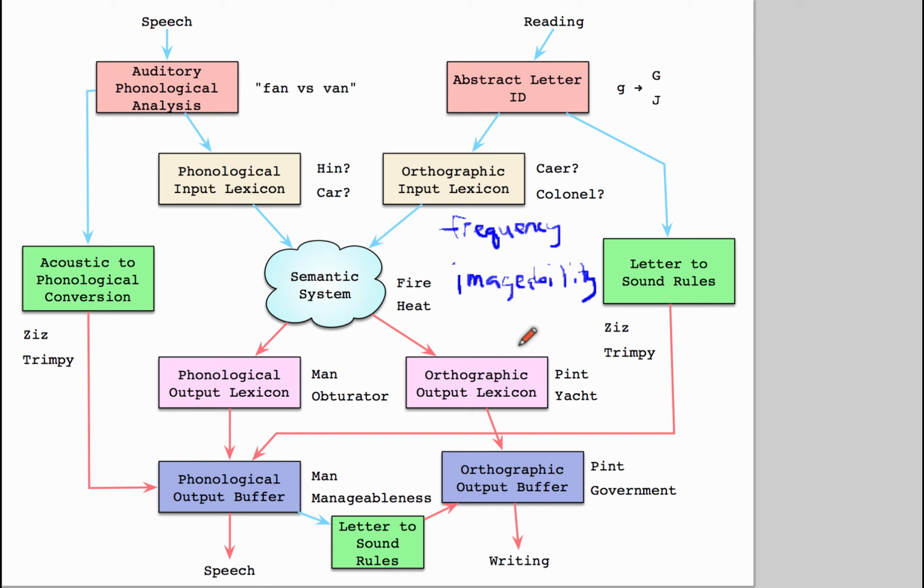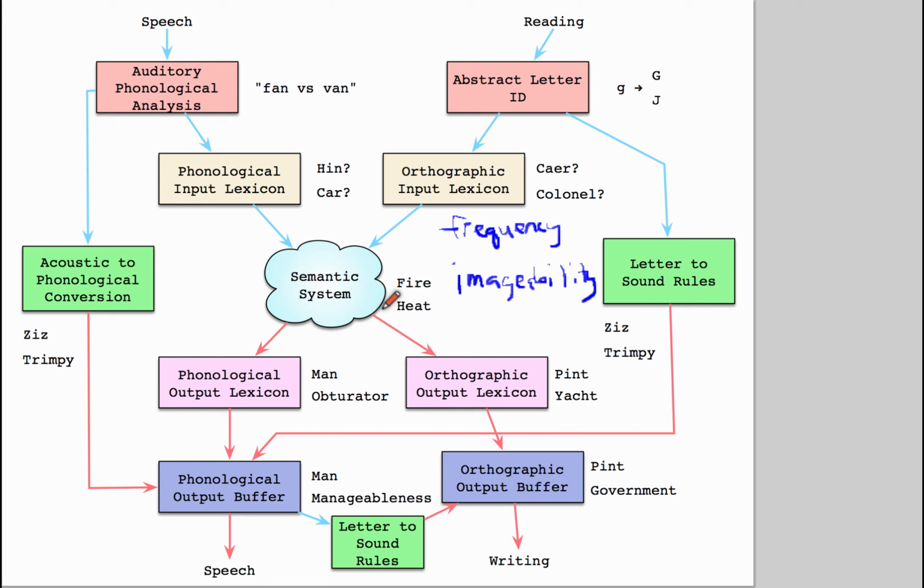Words that are very imageable have more potent semantic representations. If you think about the word fire, right? The word fire, you can see it. You can conjure up a lot more in your mind's eye than you can with the word heat. So fire has high imageability and heat has low imageability.